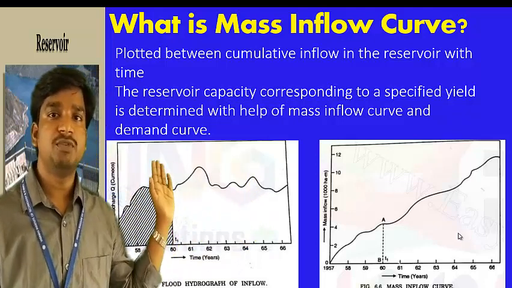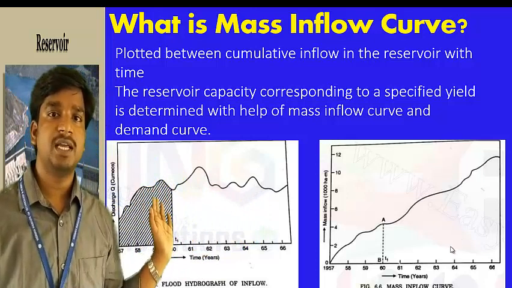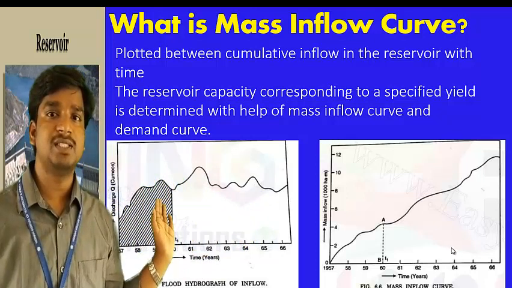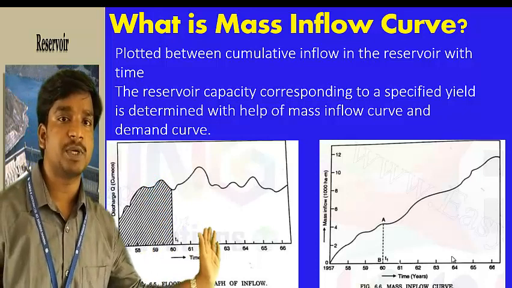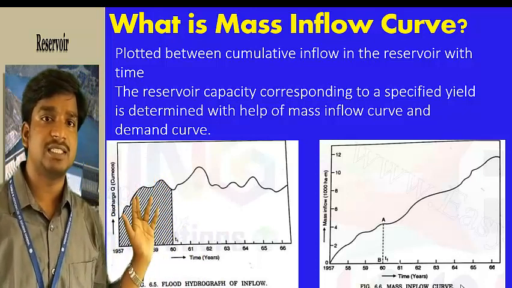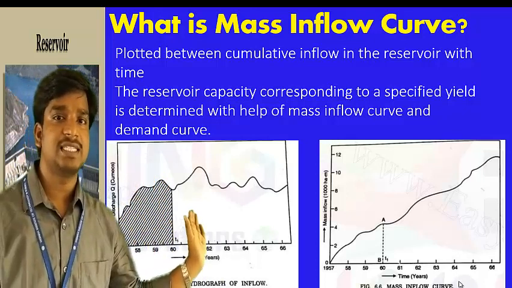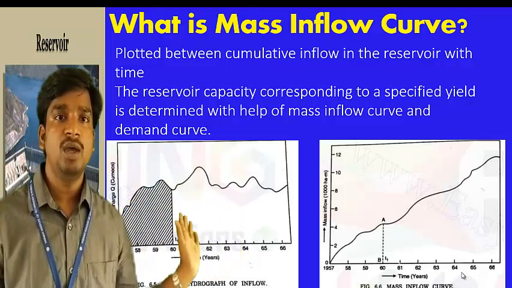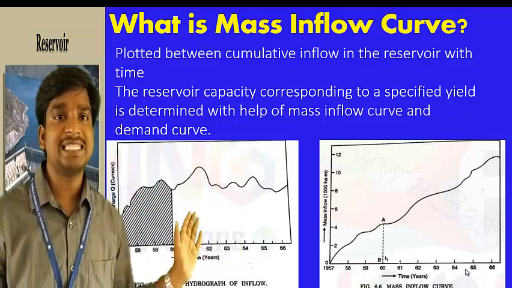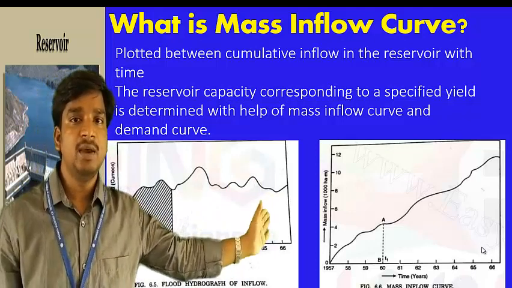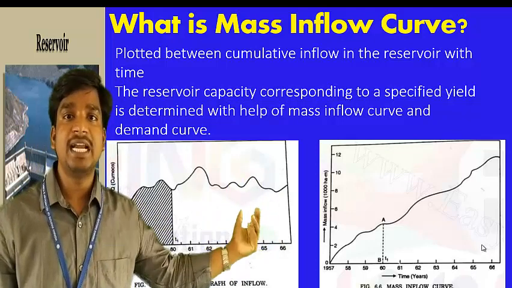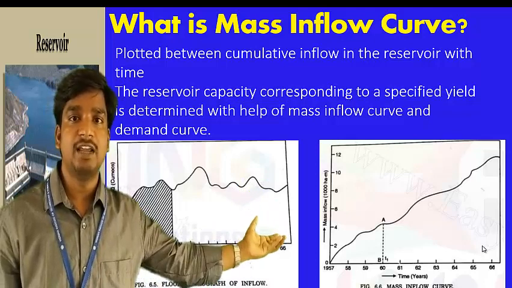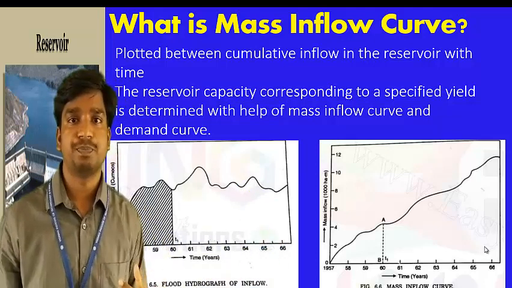Now the first picture represents the unit hydrograph, whereas the second picture represents the mass inflow curve. In the first picture, the unit hydrograph represents discharge with respect to time. On the vertical axis you can see the discharge, on the x-axis time, showing the discharge of inflow to the reservoir. Whereas in the second figure you can see the accumulated inflow with respect to time.